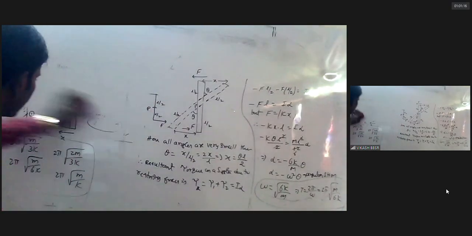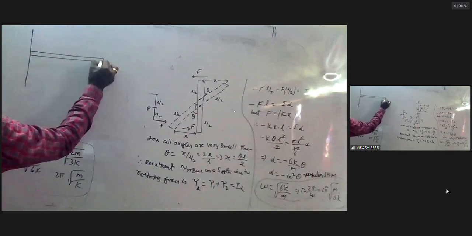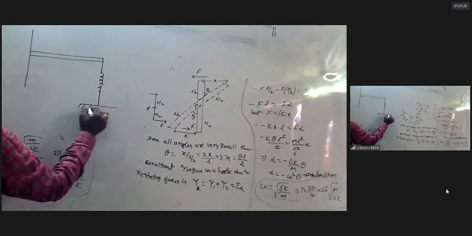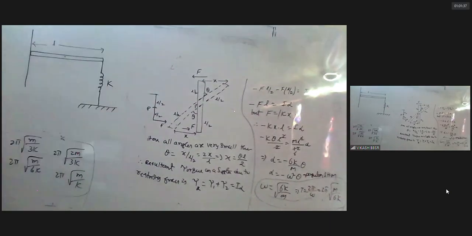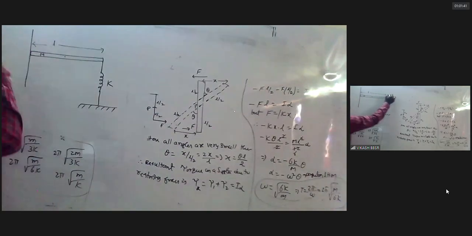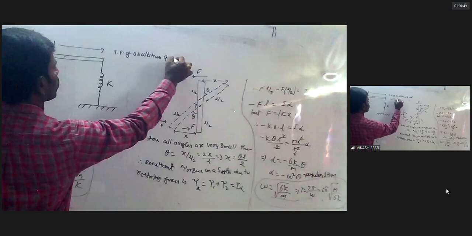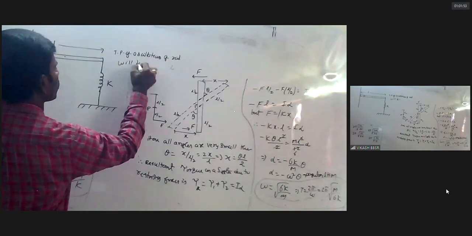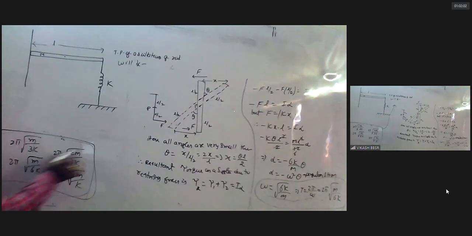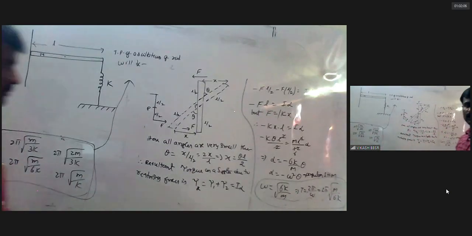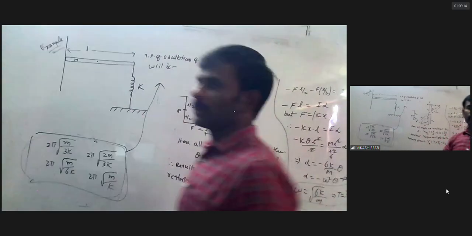Options are same, but only one spring. For example, if it is like this, then what do you do? I want you people to know how to approach them.